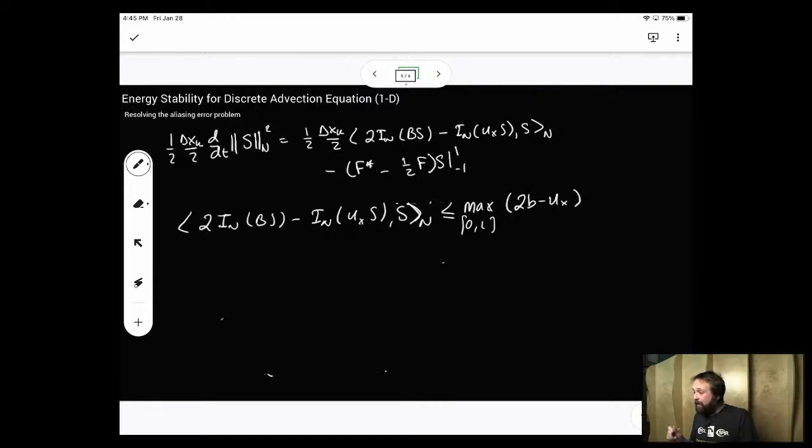And I can actually bound it by the exact b and u_x rather than the interpolant, which is pretty nice. And then I've got the discrete norm of s squared.